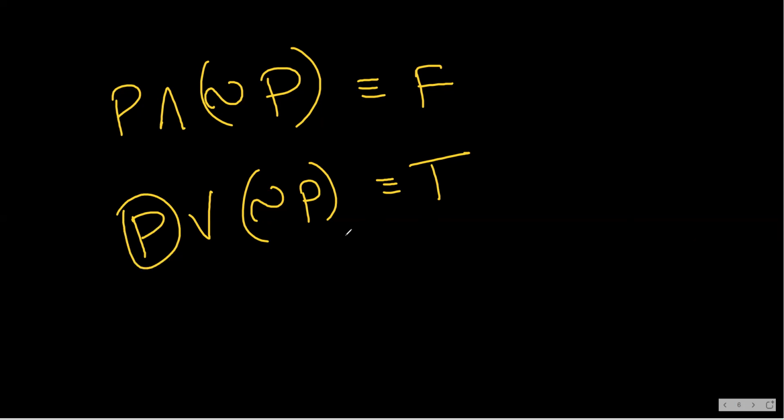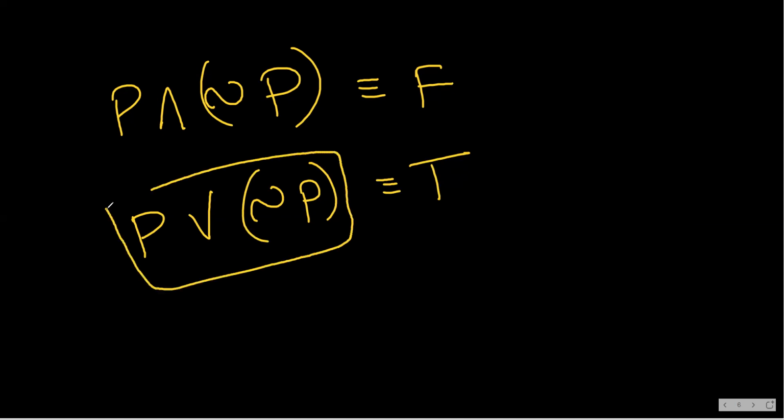So if P is true, negation P is false, no matter, because true or false is true. And if P is false, then negation P will become true, and false or true is true. So P or negation P is always true. P and negation P is always false.